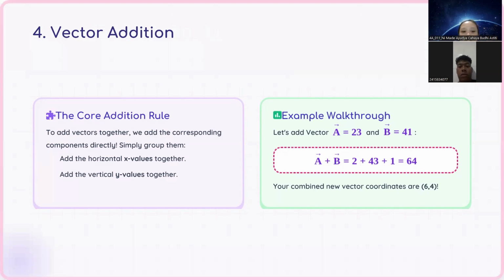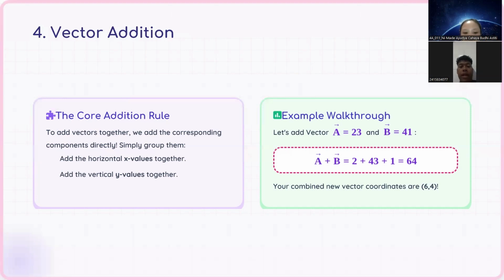Now, suppose that we have vector a equals (2, 3) and also vector b equals (4, 1). To add vectors, we add the corresponding components. So vector a plus vector b equals (2 plus 4, 3 plus 1). And we get vector a plus vector b equals (6, 4).